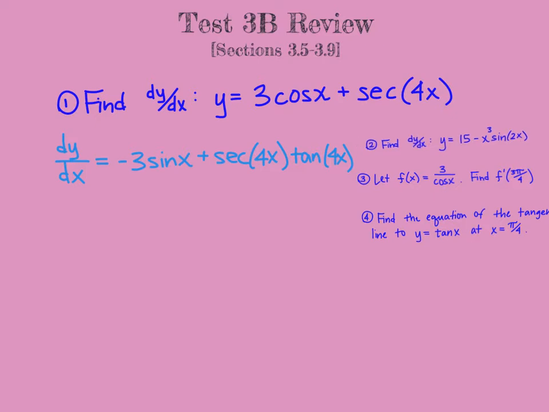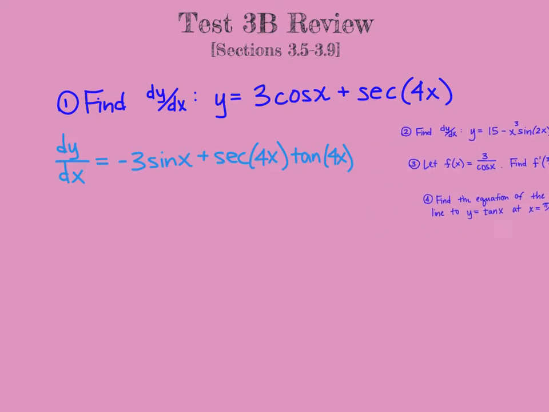Then we need to multiply by 4, the derivative of the inside function. So our final answer is negative 3 sine x, plus, the 4 can come out front, 4 secant of 4x times the tangent of 4x.